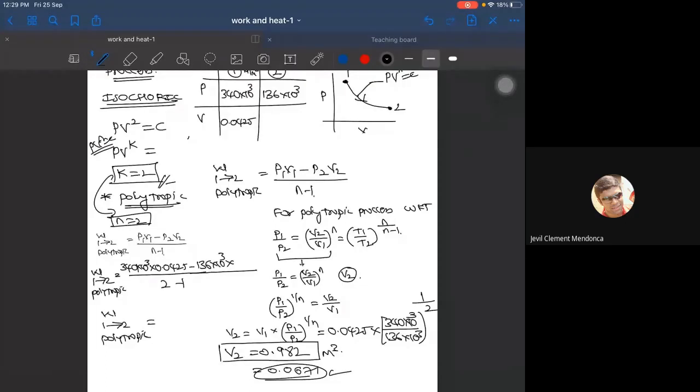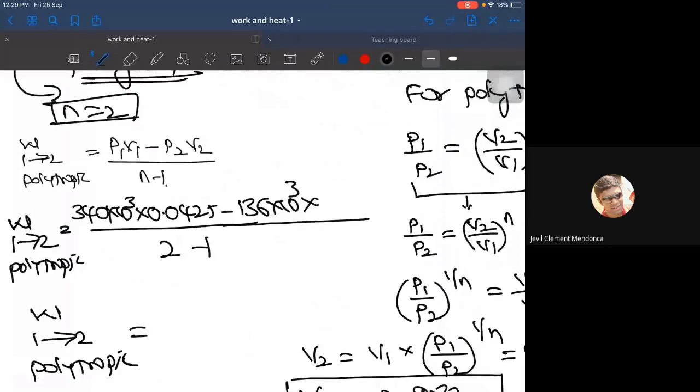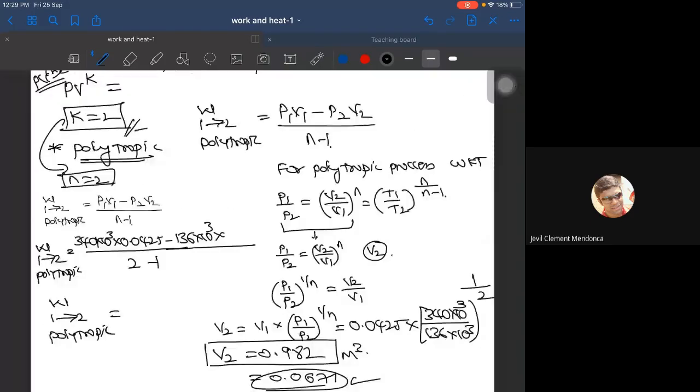Substitute in this particular equation for the polytropic process: P1V1 minus P2V2 divided by n minus 1. Only V2 was unknown, and we have just calculated it here. Just write 0.0671 and calculate the work done in joules or kilojoules.